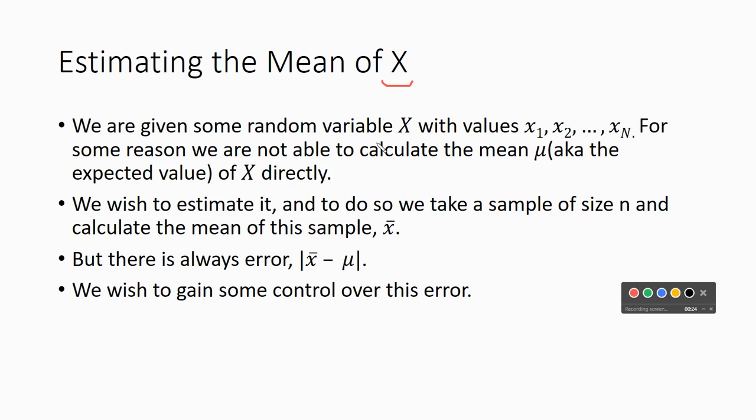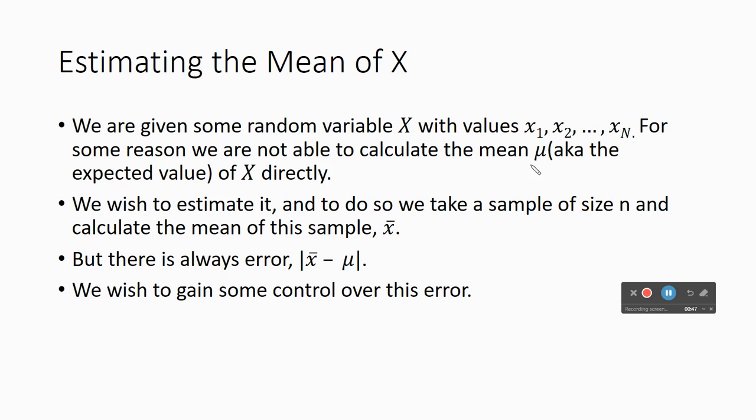We'll be given some random variable x, and this random variable has all of these values, and this capital N might be a huge number. We might not have any way of actually knowing all of these values.